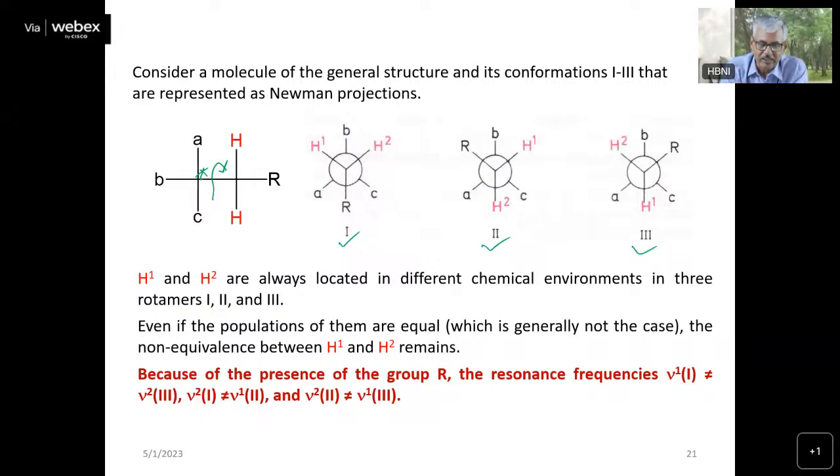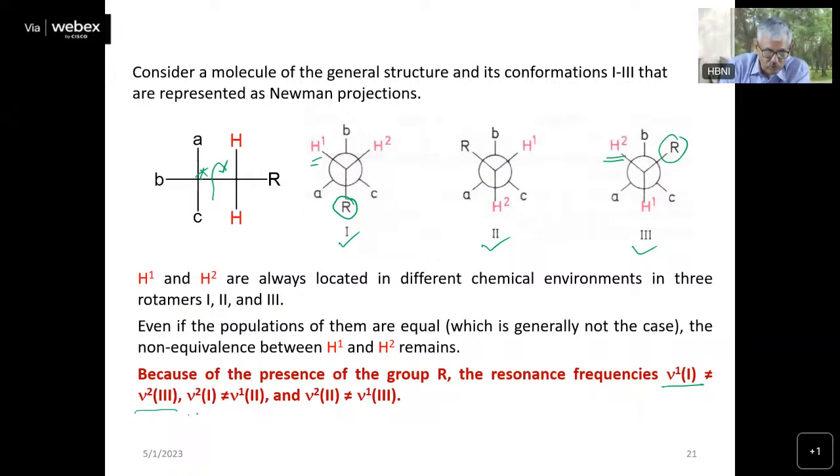Now, if you see H1 in conformation 1, and H2 in 3, this H2 is between A and B, here also between A and B. But the resonance frequencies of H1 and H2 are not the same, because you see the R groups are in different positions in both the molecules.